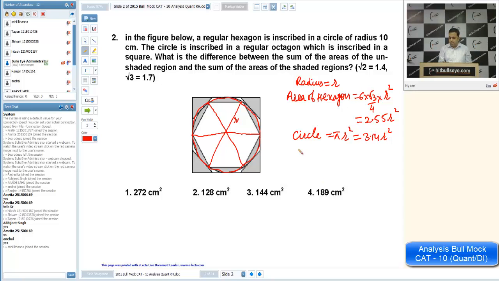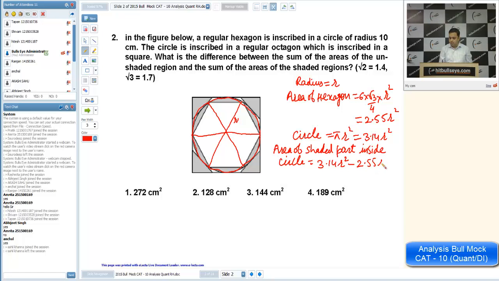So from here I can say that area of shaded part inside the circle is equal to 3.14 r square minus 2.55 r square, and this value will be equal to 0.59 r square.